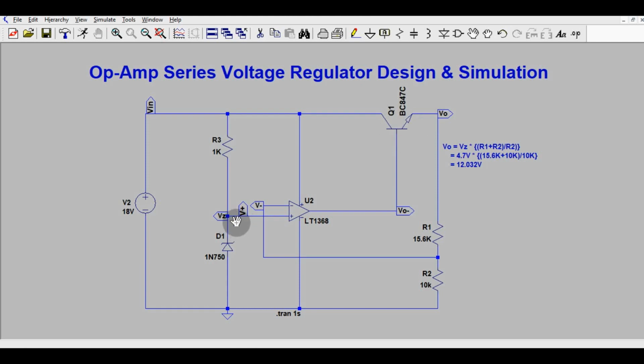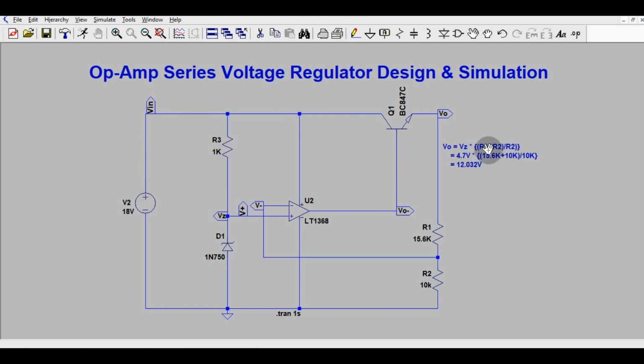This is the non-inverting terminal, which is connected to the VZ, that is Zener diode IN750, and it is connected with a current limiting resistor which goes to the input supply, and the input supply is connected to the collector of this NPN transistor. So I hope you understand the circuit flow. Now if you want to calculate the V out for this design, V out equals Vz into R1 plus R2 divided by R2.